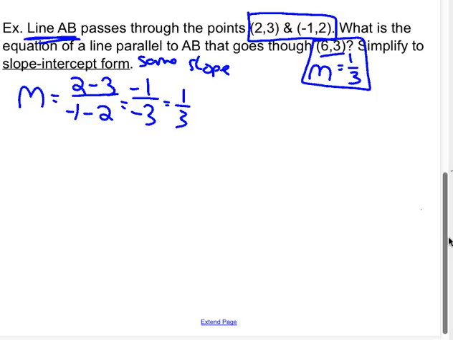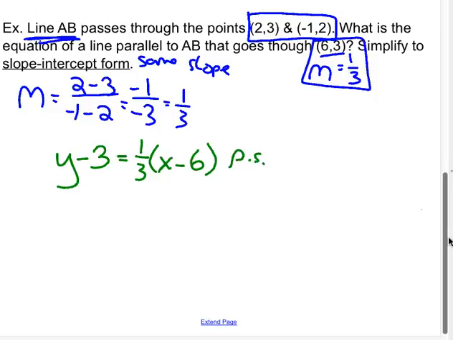We have a slope, we have a point. Let's put it in point slope form with that new point. y minus the y value from that new point equals our slope, x minus the x value of that point. So this is a point slope equation, okay?